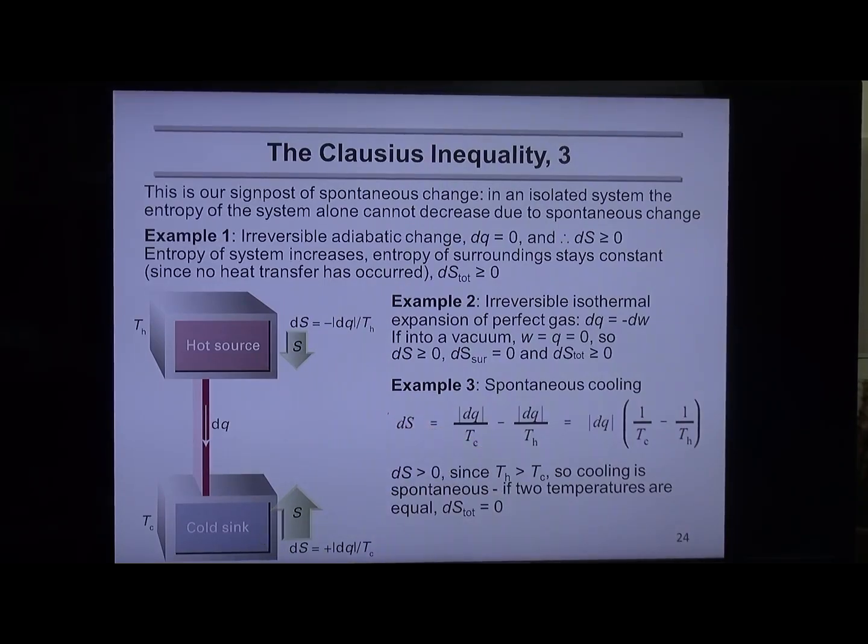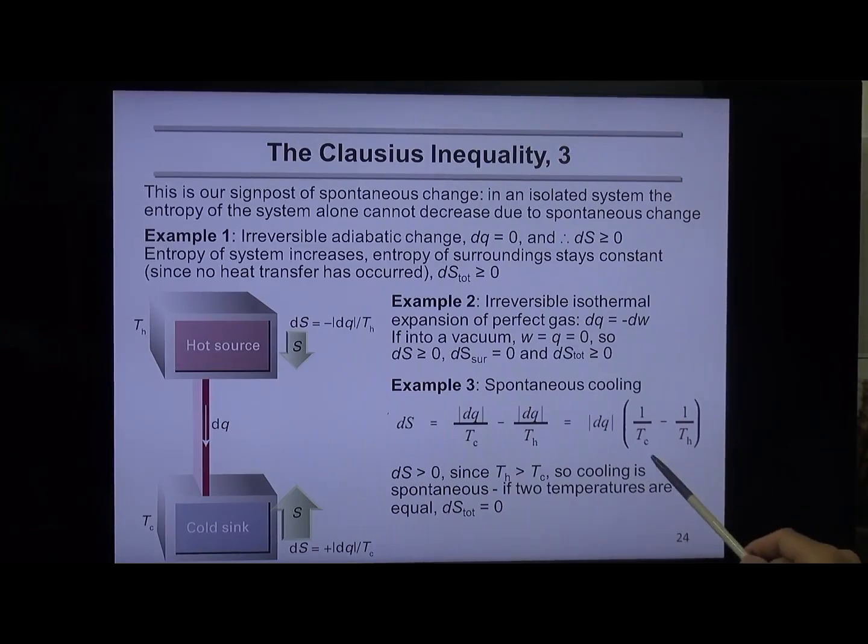It lost this amount of heat, so entropy is decreased for the hot reservoir. How about the cold reservoir? It gained this amount of heat, dq. So entropy change should be plus dq over Tc. So if you want to calculate the whole entropy change for both of these reservoirs, it should be like this, right?